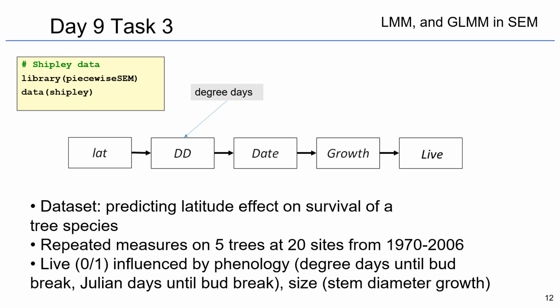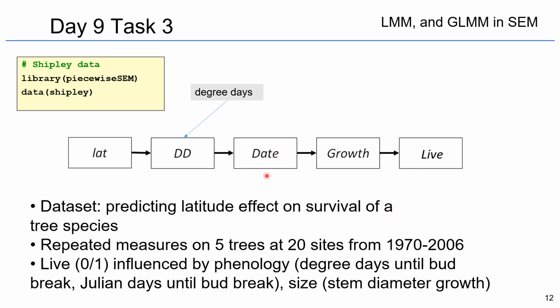And data are based on predicting latitude effects on survival of a tree species. So here you can see the latitude, and here you can see the live variable, which is a survival of tree species. And these are repeated measurements on 5 trees at 20 sites. And these are done through time.